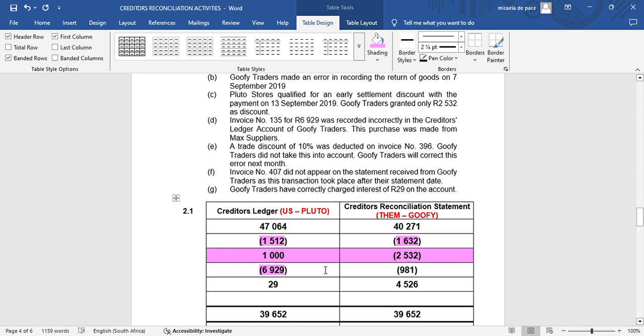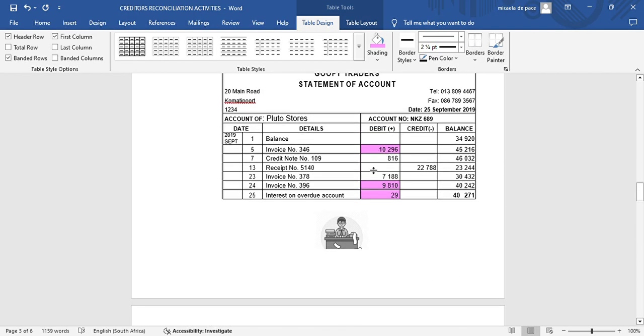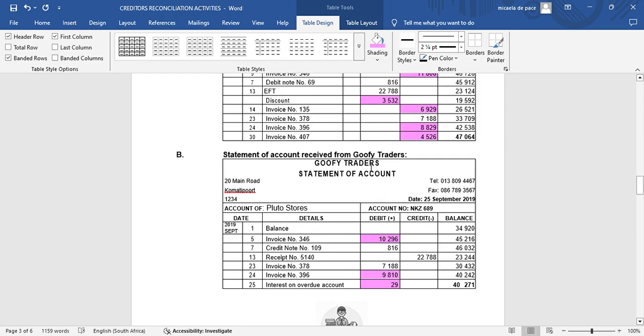Then a trade discount of 10% was deducted on invoice number 396. Goofy Traders did not take this into account. They will correct the error next month. That means that they didn't give us the discount that they should have. If you look back at the top here, for the discount that was given, they charged 9810 and the actual invoice was for 8829.